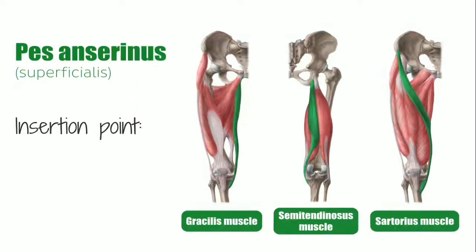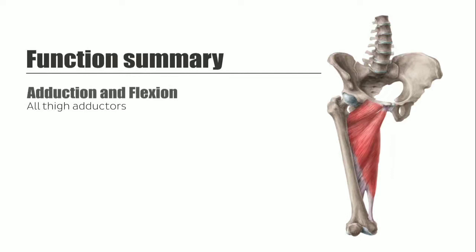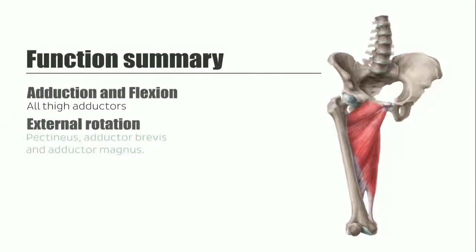Before I end the tutorial, I wanted to do a review of the different functions of the thigh adductors, starting off with the adduction and flexion that was seen on all thigh adductors, so remember this. Another one was external rotation that was seen on these three muscles, the pectineus, the adductor brevis, and the adductor magnus.